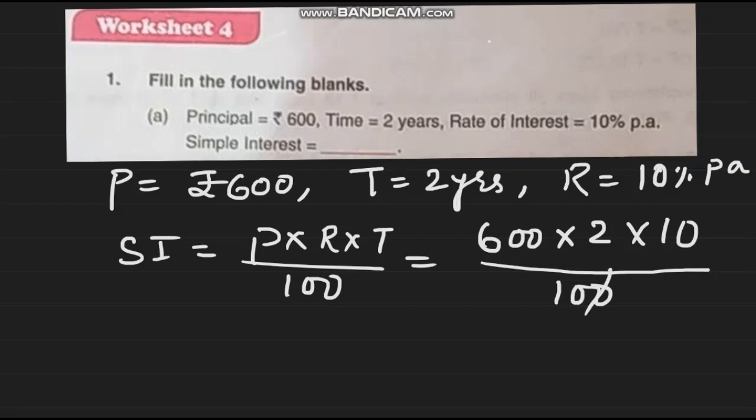See, the 2 zeros of 100 will get cancelled with 2 zeros of 600. Now you will be left with 6 into 12, 12 into 10, 120. So this will come in rupees, rupees 120. So what is the simple interest here? The simple interest here on rupees 600 for 2 years at the rate of 10% per annum is rupees 120.